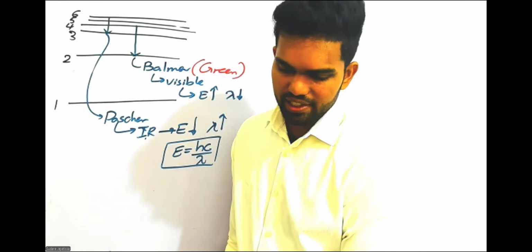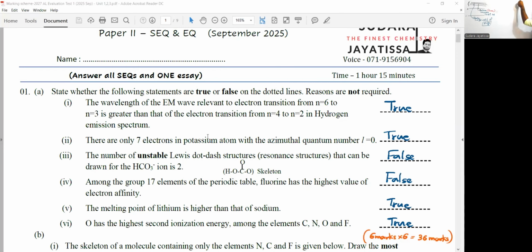So the first statement, the answer is true. Now look at the second: there are only 7 electrons in a potassium atom with the azimuthal quantum number l equals 0. Let's write the electronic configuration of potassium: 1s2, 2s2, 2p6, 3s2, 3p6 and 4s1. l equals 0 means the s sub energy level.